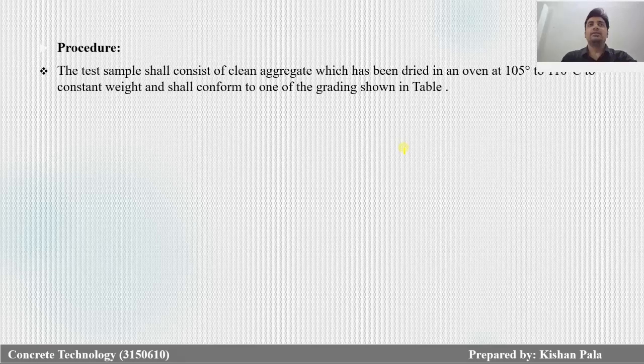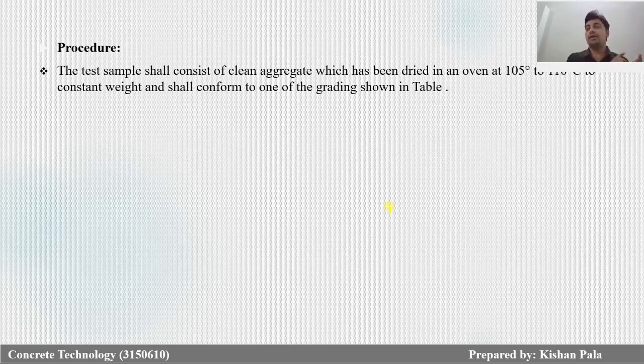Let us understand the procedure for finding the abrasion value of the aggregate. The test sample shall consist of clean aggregate which has been dried in an oven at 105 to 110 degrees Celsius to constant weight and shall conform to one of the gradings shown in the table.